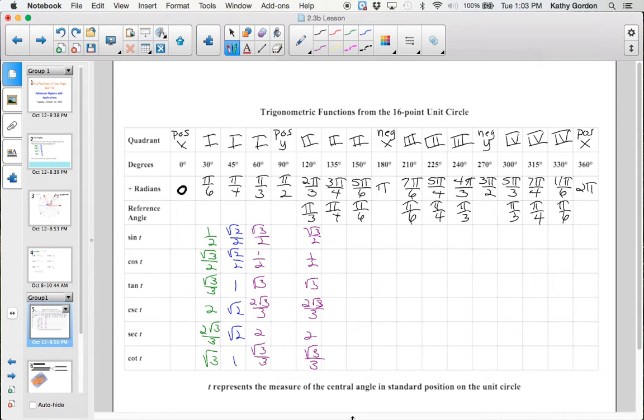So, in the second quadrant, which trig function gets to stay positive? Think about your saying. Sine. All students take Chinese. Students is in the second quadrant. That's sine. So sine and what else actually gets to stay positive?